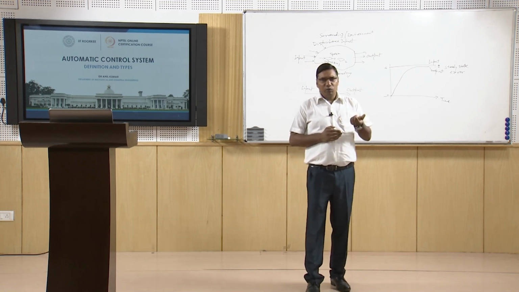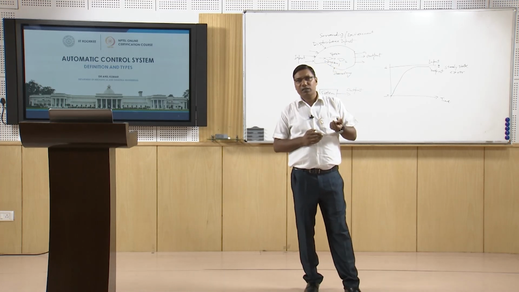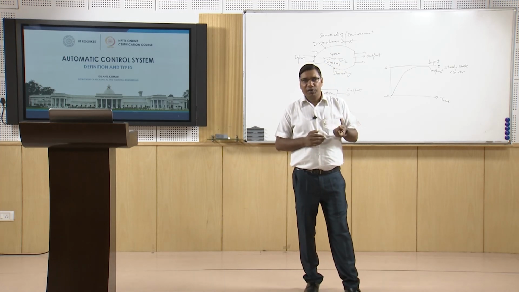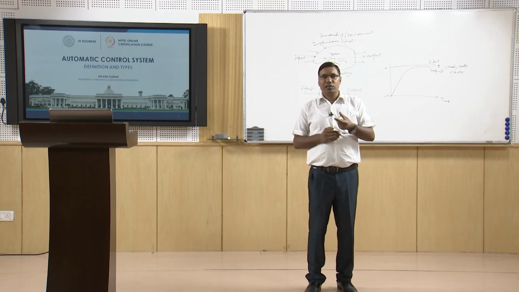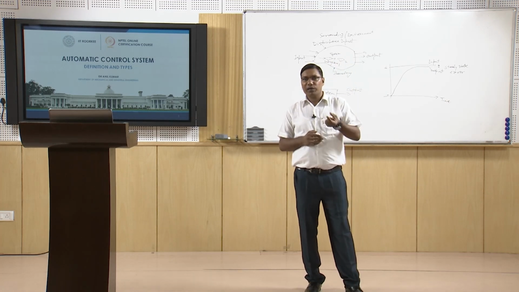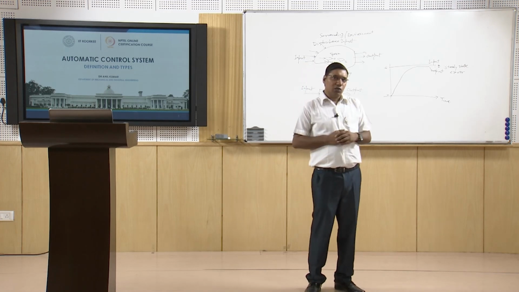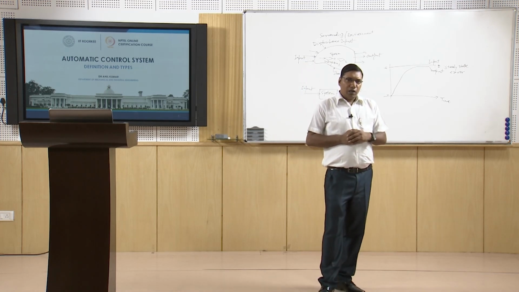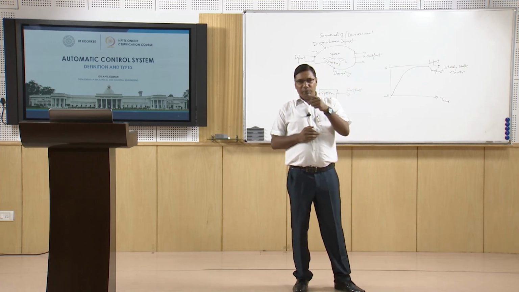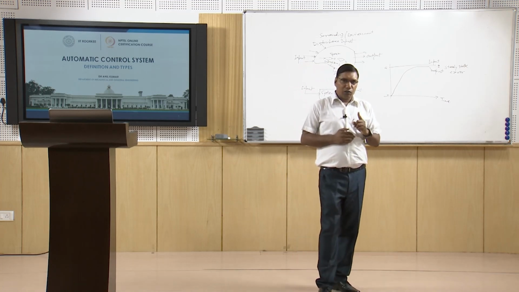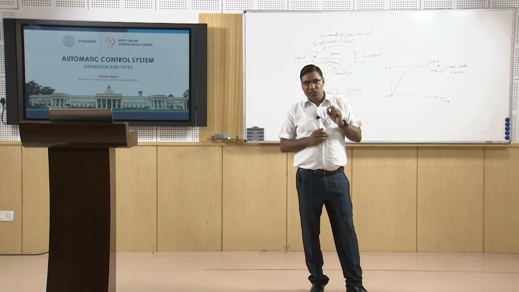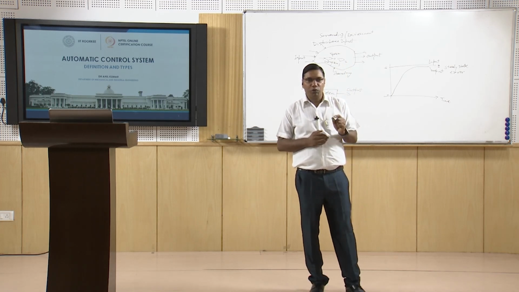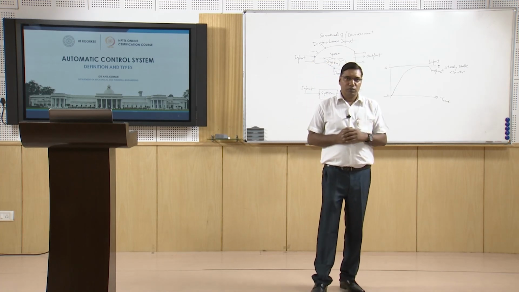So we get how much difference there is between input and output, and only that difference is given to the controller, and the controller gives only that much signal to run the process or plant. This loop will keep working, the controller and plant will keep working, until the difference between input and output equals 0.